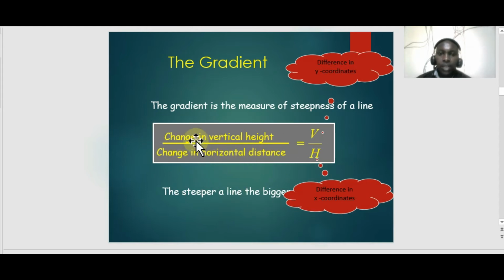Gradient is given by the change in the vertical height divided by the change in the horizontal distance. That is V over H. The V, or the vertical height, you can call the difference in the y coordinates, and the horizontal distance you can call the difference in the x coordinates.